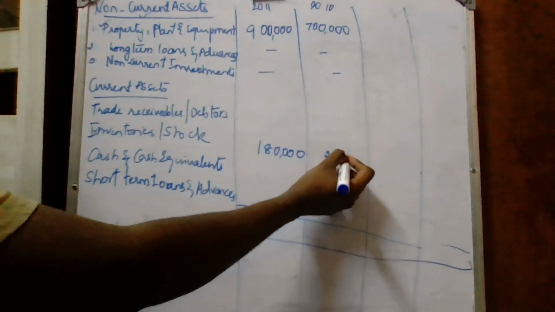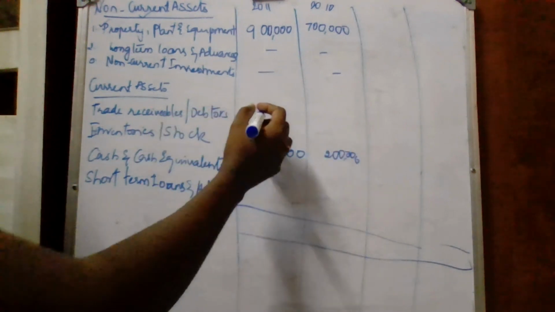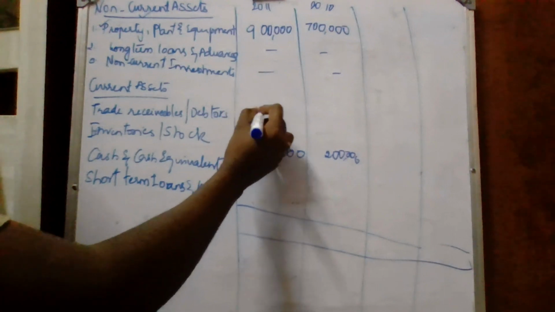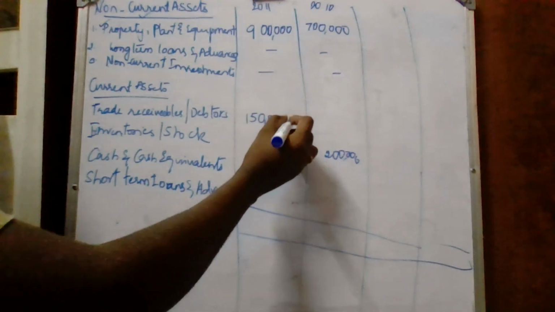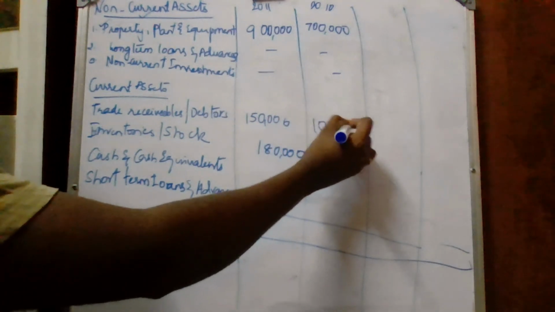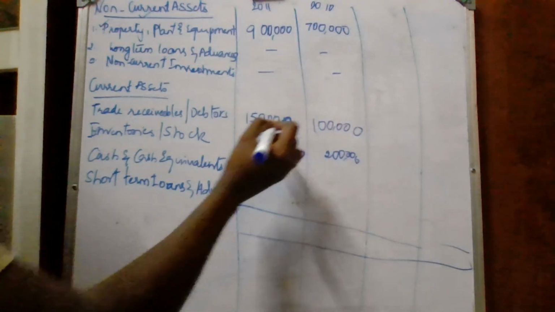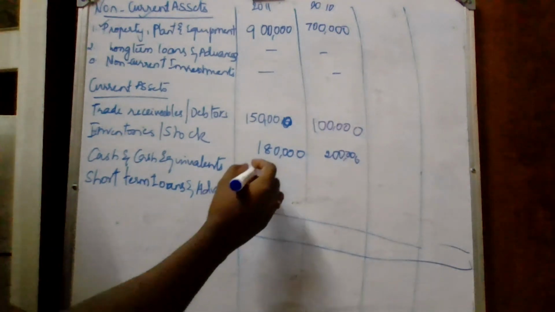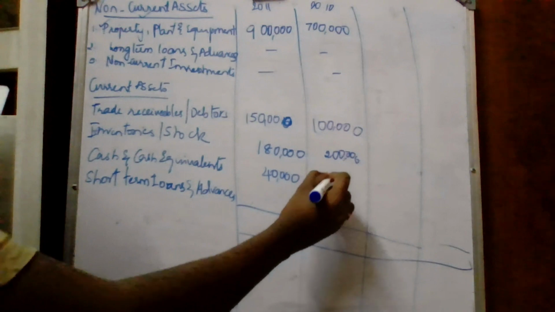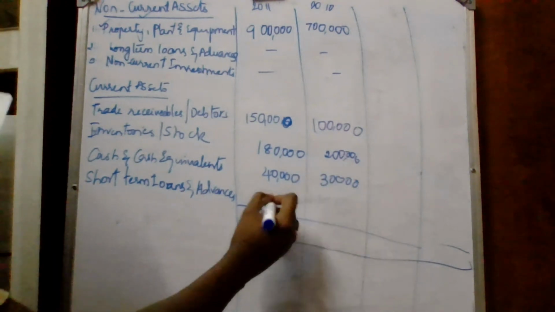Next we have debtors, which is nothing but trade receivables. So trade receivables is 1,50,000 in the current year, previous year it was 1 lakh. We have cash and cash equivalents. Cash and cash equivalents 40,000 in current year, previous year it was 30,000. We have no short-term loans and advances.